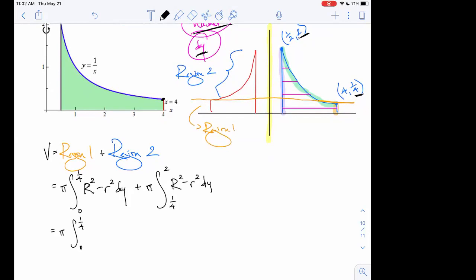Okay. So what color is the curve that is the big R for region 1? It's like tan. Yeah, like that tan orangey color. And so that curve is x equals 4. So all I need for that is 4 goes in for my big R squared.